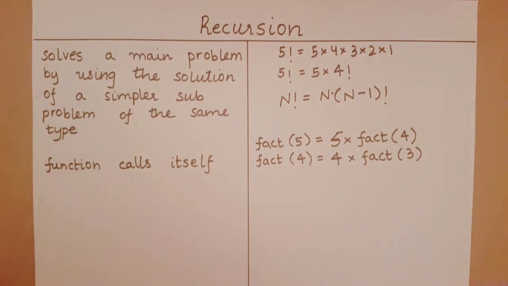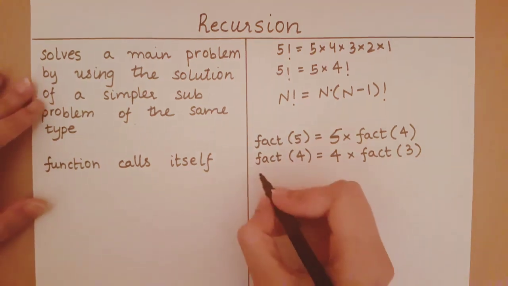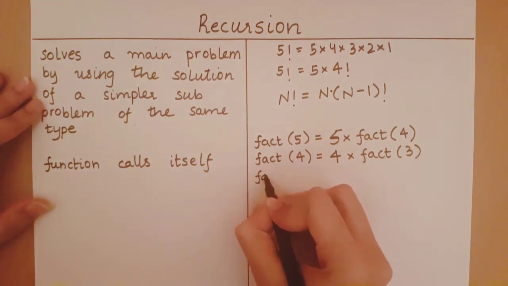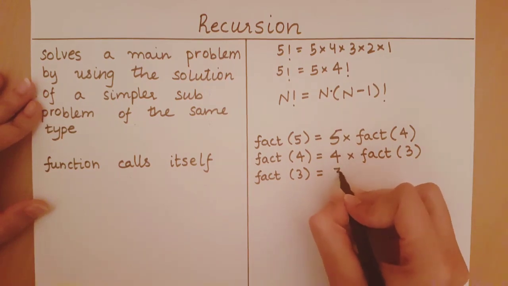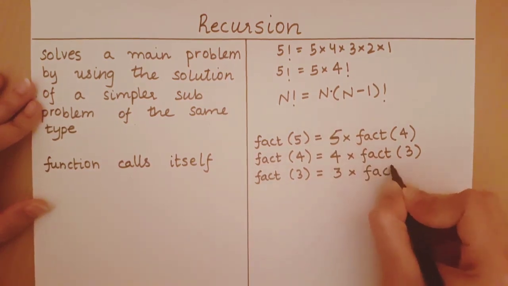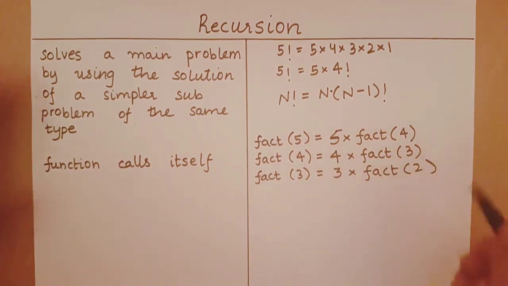Now, the function for factorial of 3 is going to run. Factorial of 3 is equal to 3 into factorial of 2. So we have to keep doing this. But when do we stop? If we keep going n into n minus 1, so where is the stop point? When do I actually get a conclusive answer?